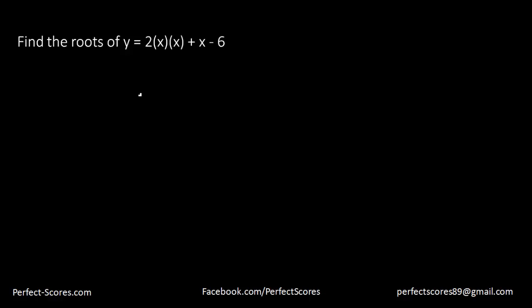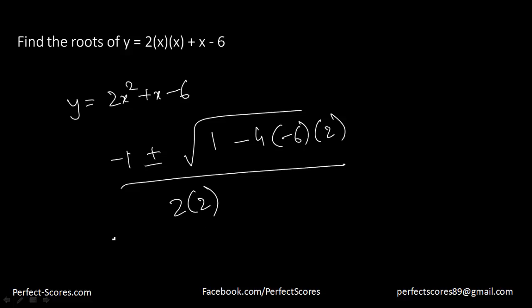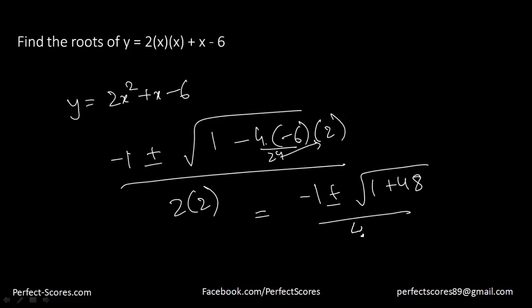So this says find the roots of this function. y is equal to 2x square plus x minus 6. Just use the formula minus b plus or minus square root of b square minus 4ac, over 2a. So that is going to be minus 1 plus or minus square root of 1. So 6 times 4 is 24, 24 into 2 is 48. So 1 plus 48 over 4, because negative into negative will become positive. So this is -1 plus or minus square root 49 over 4.